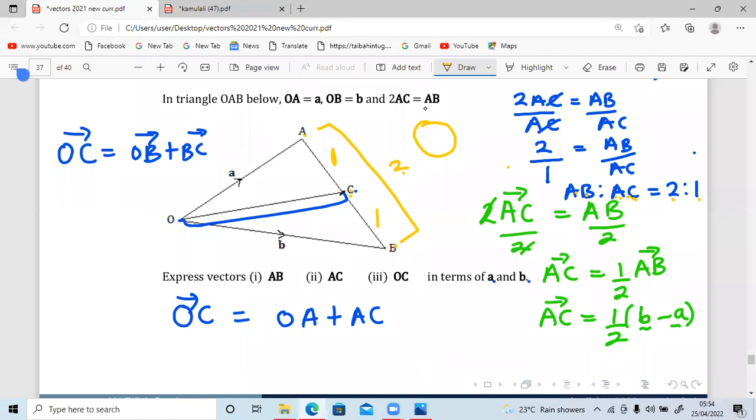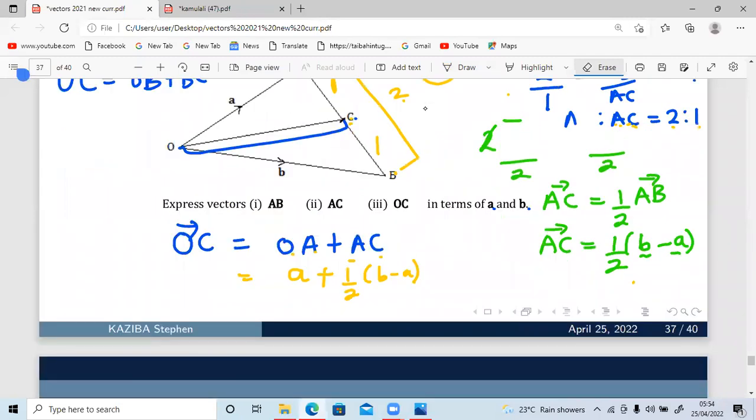Now you're understanding. Okay, now let me first come back here. Do we have O to A? O to A is what? Yes. A plus A to C, which we have already got, is what? A half into B minus A. So I can continue. Our time is running out, but let me use some more 3 minutes.